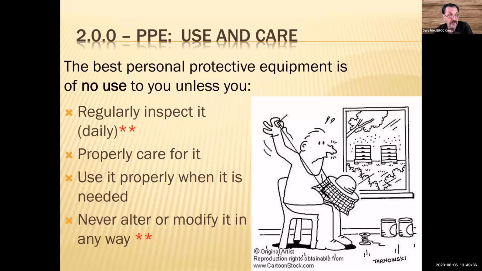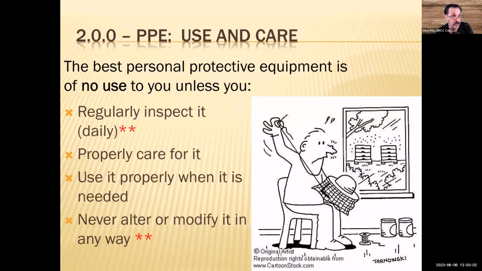Now, just another thing early on here is that you see the pair of red asterisks in the first bullet and the last bullet on this page. That indicates that this could be turned into a test question. So, regularly inspecting it. I could be asking you a question like, how often should you inspect your personal protective equipment?